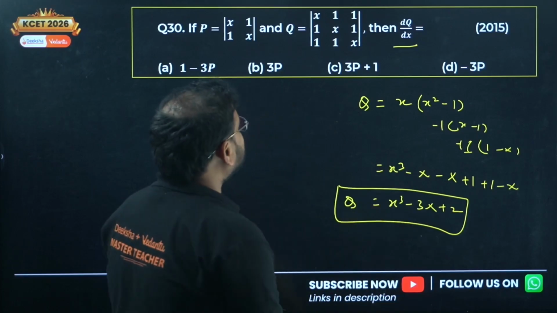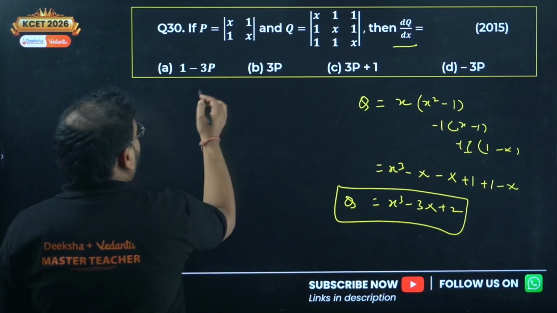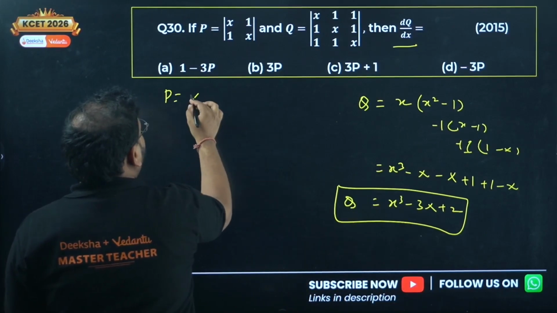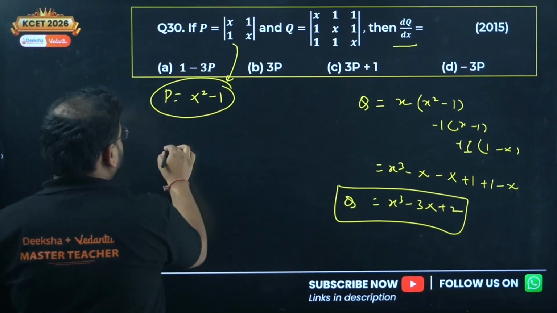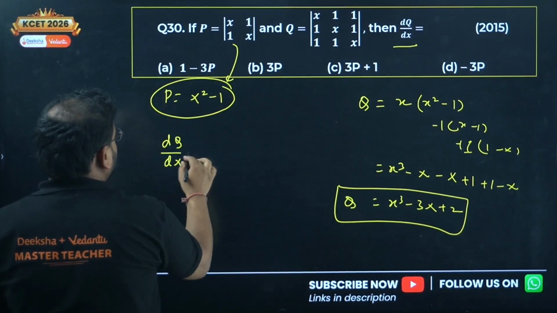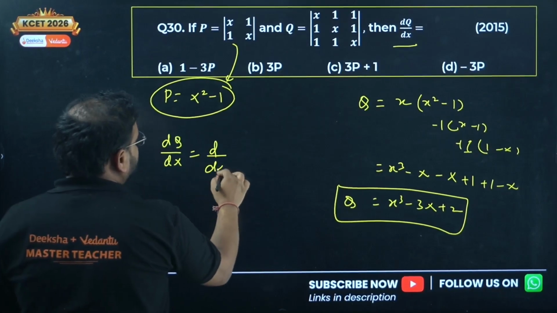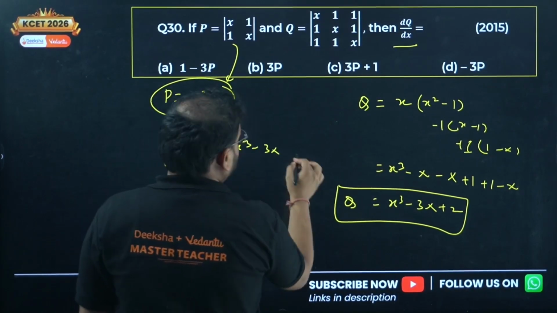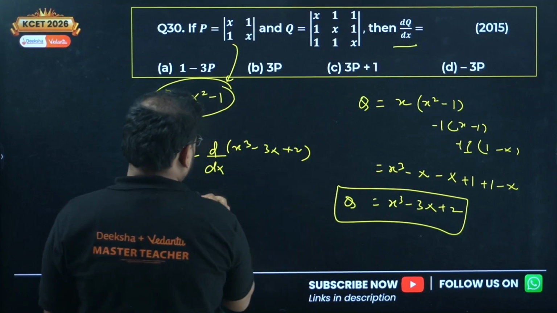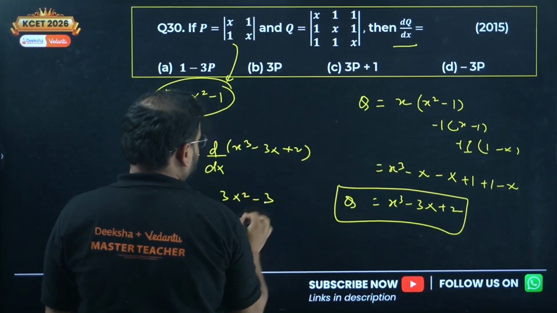What is the function p now? P is x² − 1 from here right away. So differentiate q with x. So differentiate this function x³ − 3x + 2. You get here 3x² − 3.